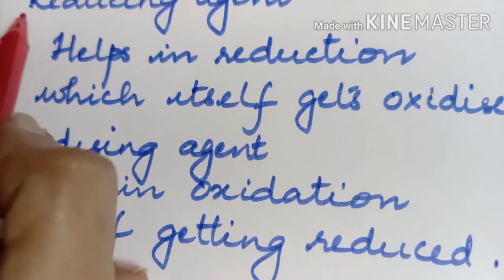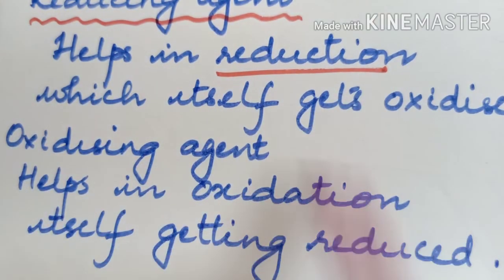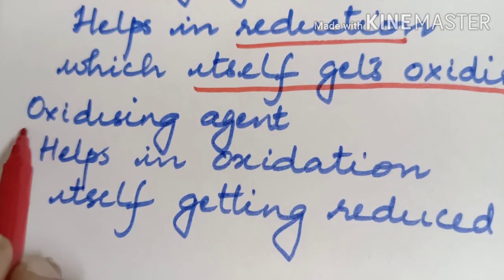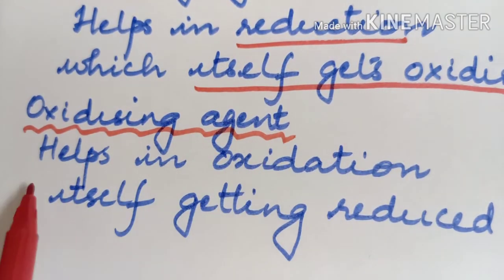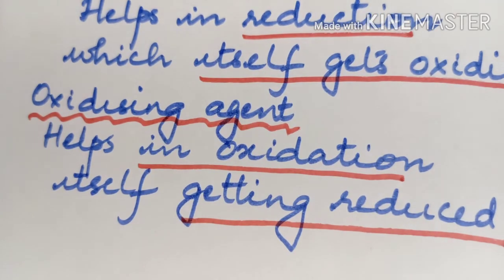So, reducing agent helps in reduction, itself getting oxidized, whereas oxidizing agent helps in oxidation, itself getting reduced. Hope this much is clear.